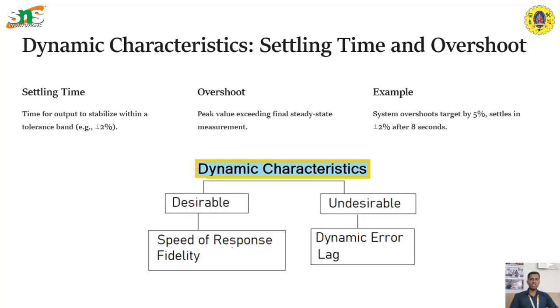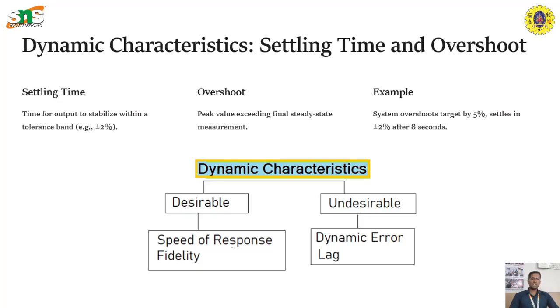Instead of 8 seconds, if your instrument is able to come back within 4 seconds, then that's good, right? So you have to select the instrument which takes less time to return to the normal values. And in the first case, the system overshoots the target by 5%. If another instrument overshoots the target only by 1%, then it is very good, right? You can go with that particular instrument instead of the 5% one.